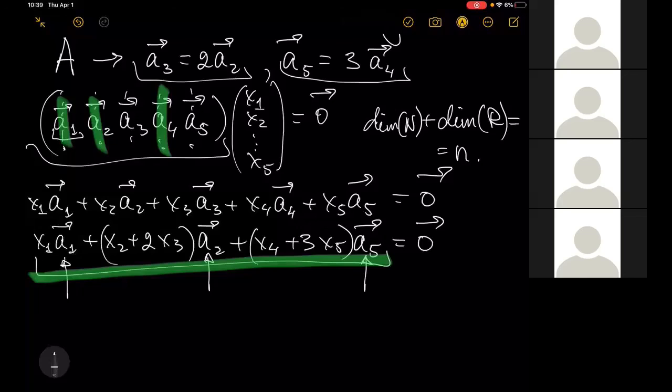So this is an extremely important application of the rank-nullity theorem to the specific case of the linear map. Okay.